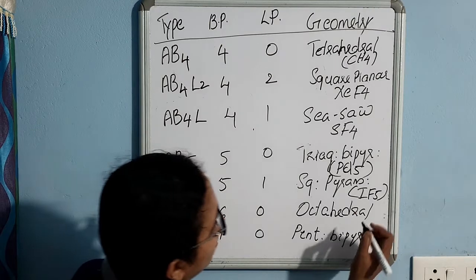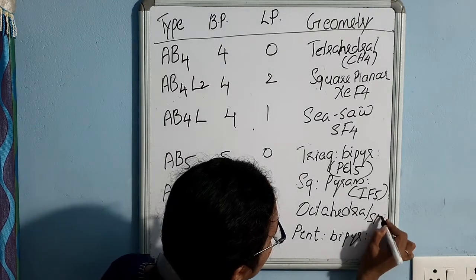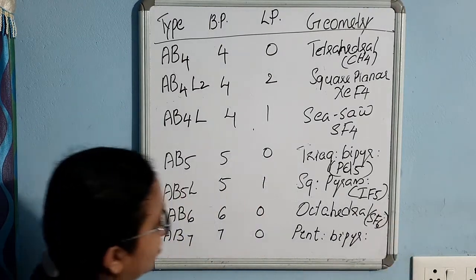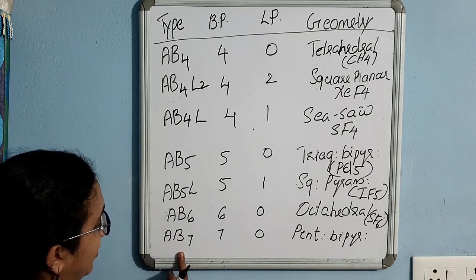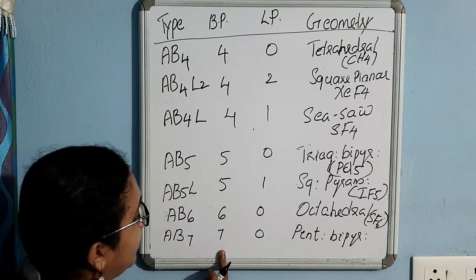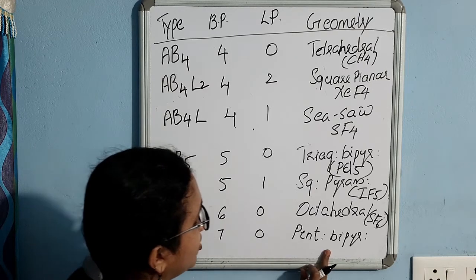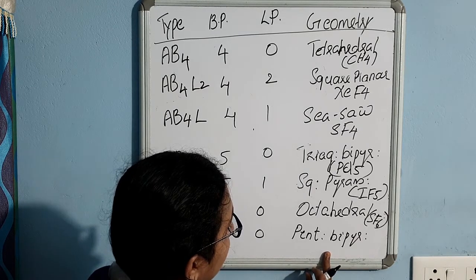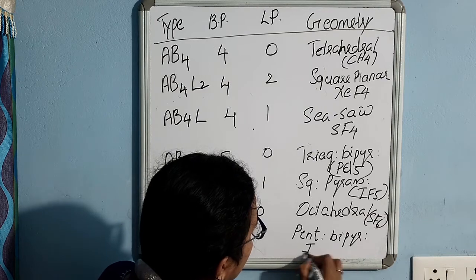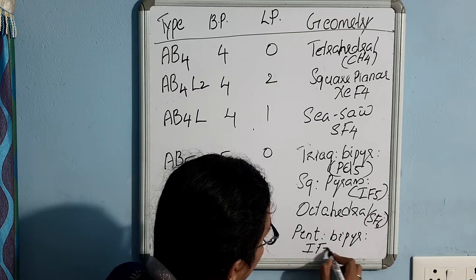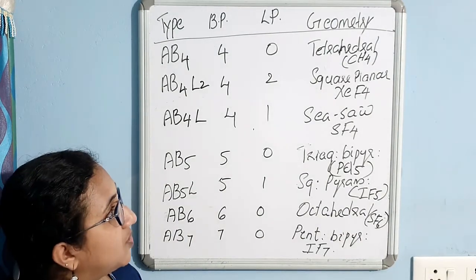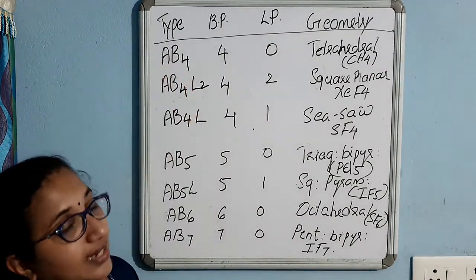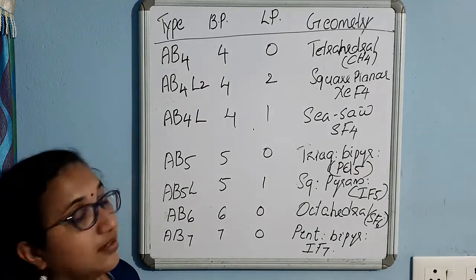So octahedral geometry, we have seen SF6, sulfur hexafluoride. And finally AB7. AB7 means 7 bond pairs and no lone pair. So the geometry will be pentagonal bipyramidal. Example IF7. So these are the different molecule types and their corresponding geometry.